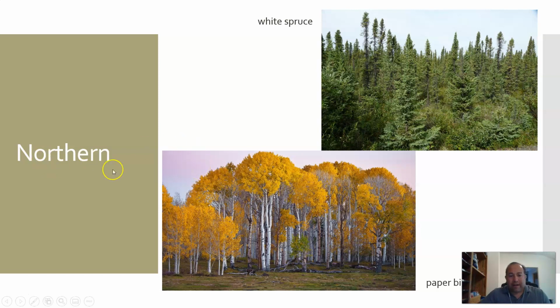So looking at the northern, the very highest up, above this we'd be hitting tree line. We've got white spruce, which is a conifer species, and paper birch, this tree with that distinct white bark that we've seen before.